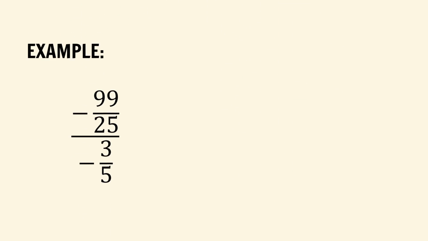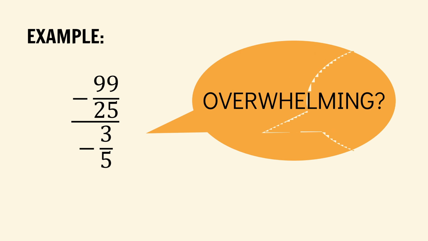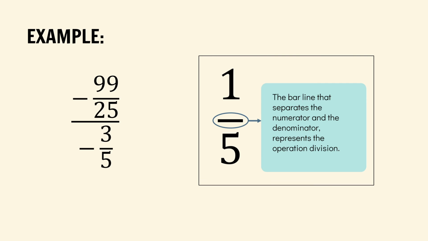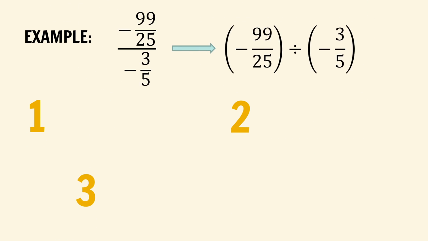So what if we have this kind of rational number? Is it too overwhelming? But we know that the bar line that separates the numerator and the denominator represents the operation division. In this case, we can rewrite this rational number into negative 99 over 25 divided by negative 3 over 5.